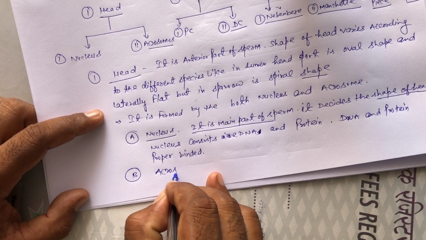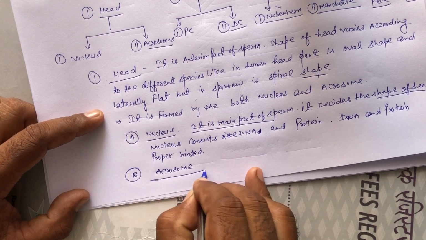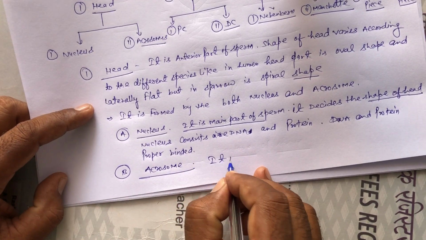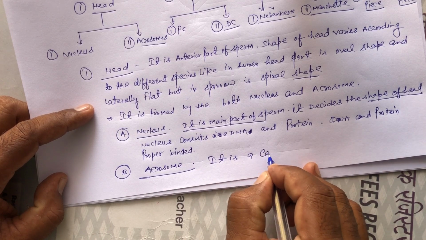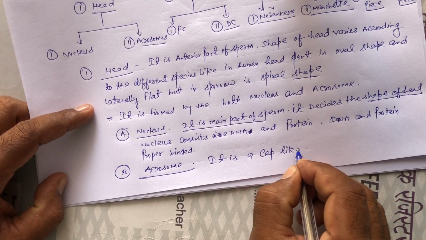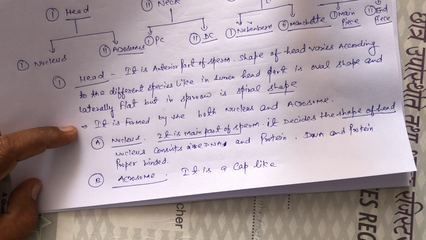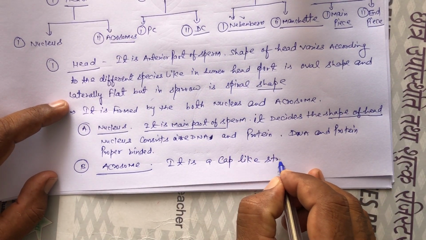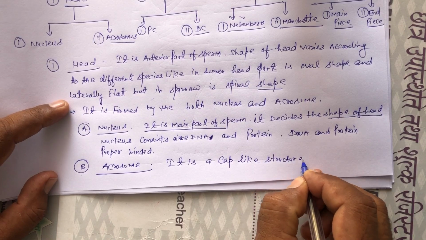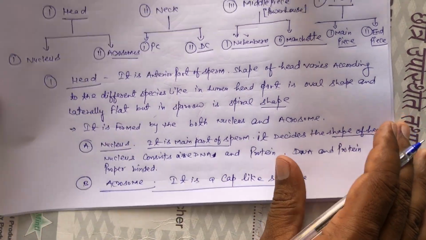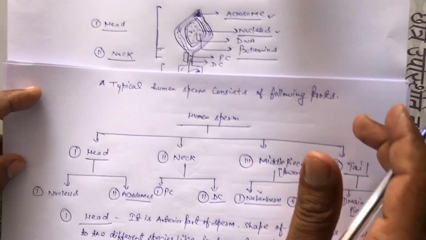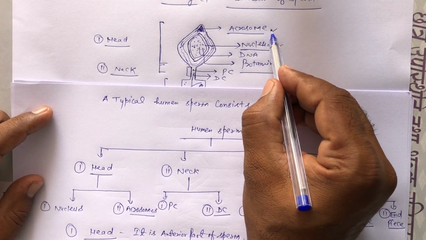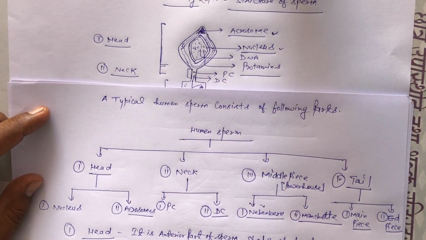The second part is the acrosome. It is a cape-like structure. This is the acrosome.